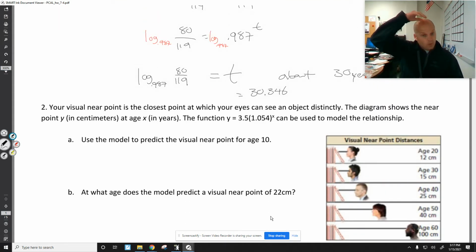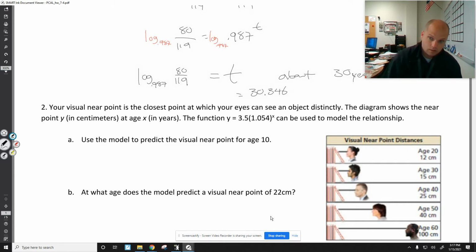Your visual near point is the closest point at which your eyes can see an object distinctly. The diagram shows the near point, y centimeters, at age x in years. So when you're 20, you can see an object distinctly 12 centimeters away from it.